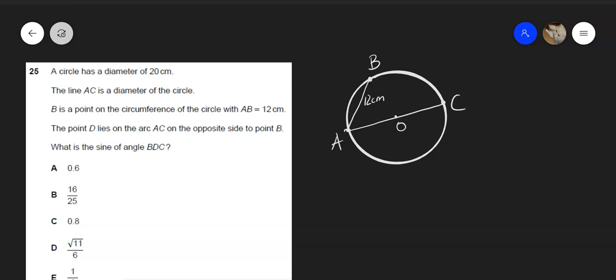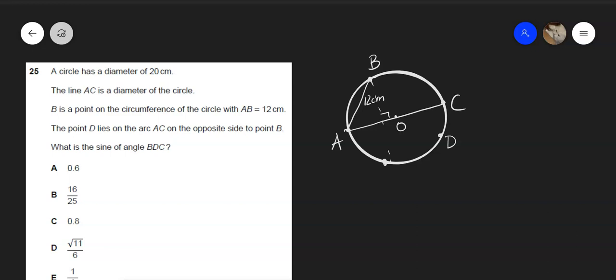So I can put point D anywhere below the line AC. Let's put it here. I have seen in some other videos that a tutor would put point D over here, directly below point B, such that BD is perpendicular to AC. This is not an entirely correct interpretation of the problem.